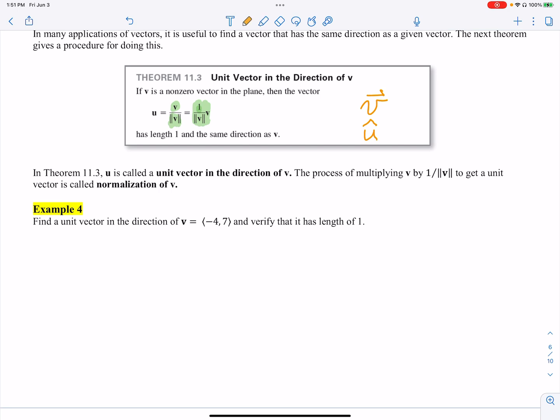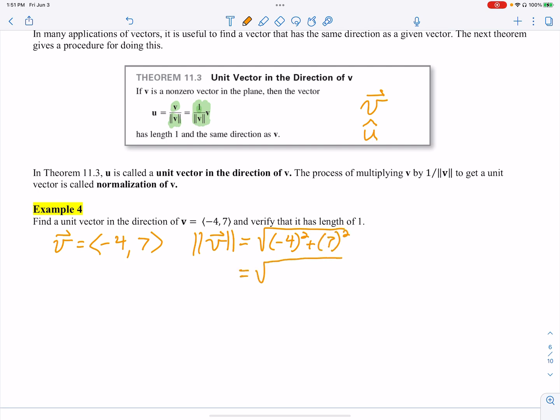The first thing we're going to need is v, so I'll just write down v. I like to rewrite things. v is -4, 7. I also need the magnitude of v, which is the square root of the squares of the components. So this is equal to the square root of 16 plus 49. 16 plus 49 is 65, so the square root of 65.